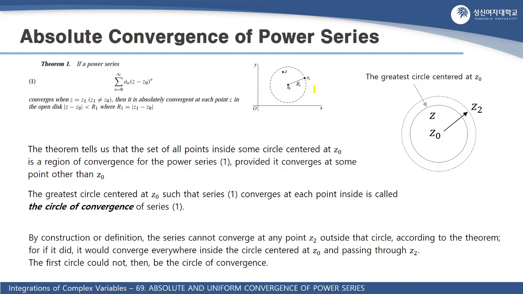We can consider a circle defined by a radius, which is computed as the distance between two points, z naught and z something. Then we can define the greatest value of this construction.